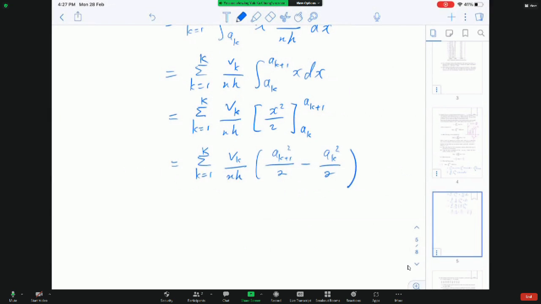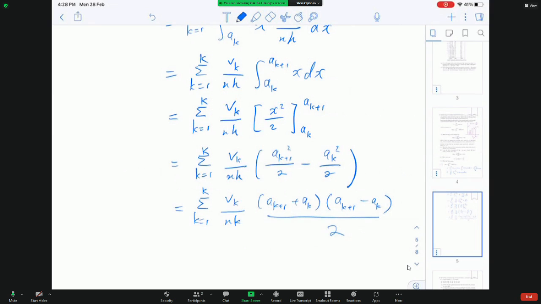Now this is not exactly the result that we are asked to prove, so we need to further simplify it. We can observe that it is actually the difference between two squares. If you still remember the formula for this algebraic operation, the difference between two squares is equal to the sum of them multiplied by the difference of them.